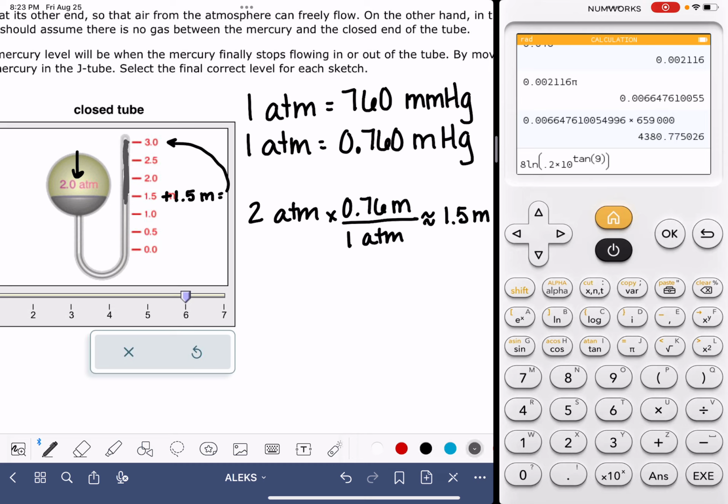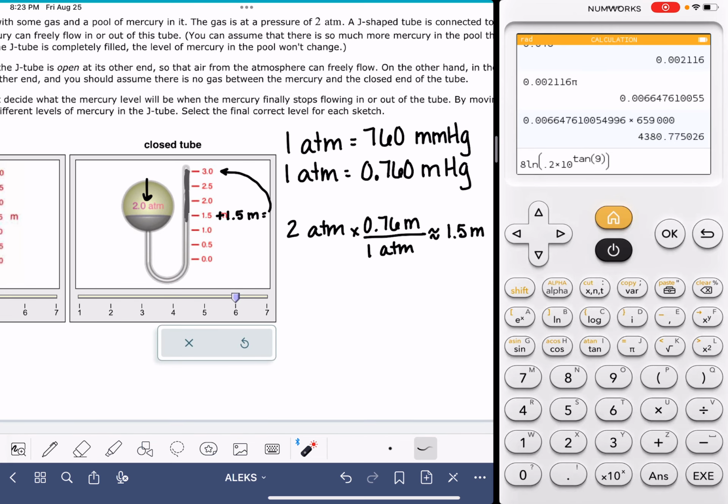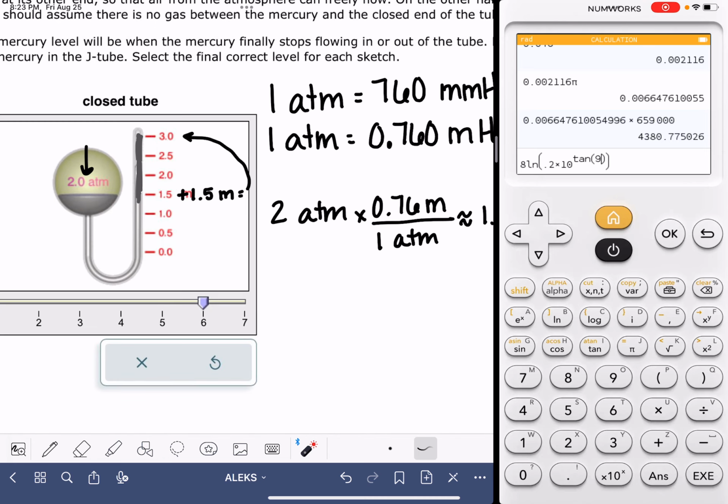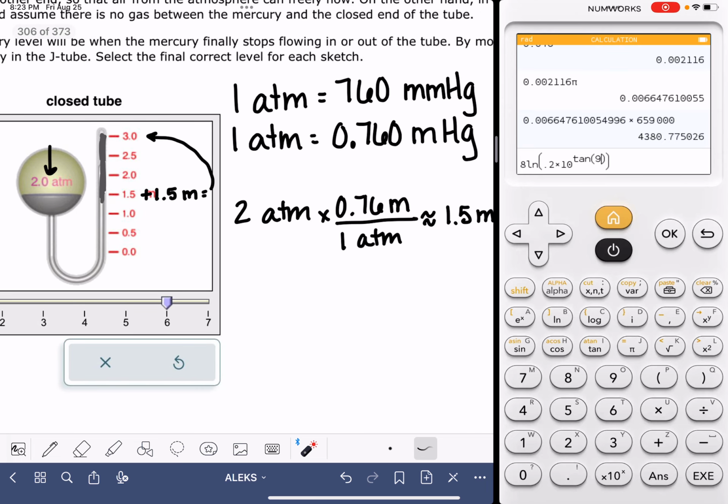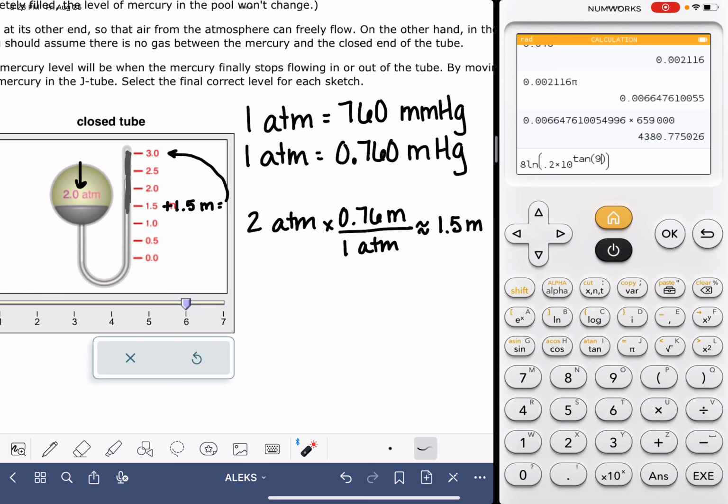So for this particular problem with the 2 atmosphere pressure, that gas is going to push itself up to the 3 height. So pay attention to what the amount of pressure is in here, because this does vary. Whatever it is, convert that number into meters of mercury, and then add that to the 1.5 position, and that's going to give you the final height. This is for the closed tube.